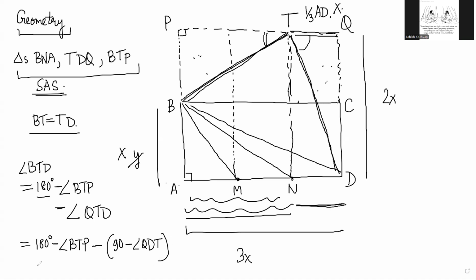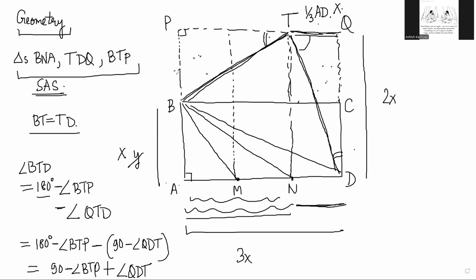So you are getting basically 90 minus angle BTP plus angle QDT. But angles BTP and QDT have to be equal because of congruent triangles, because this is opposite to the x here and this is also opposite to the x.